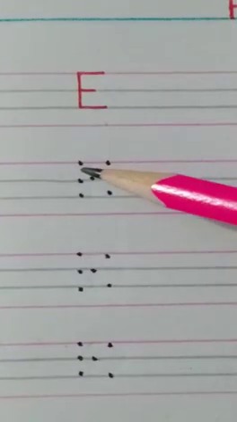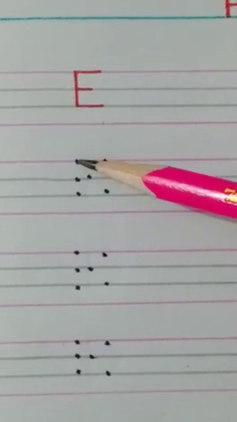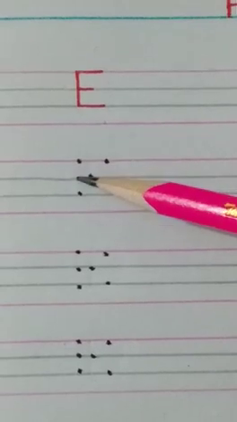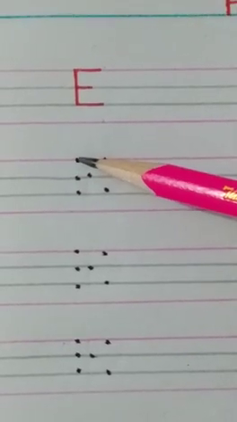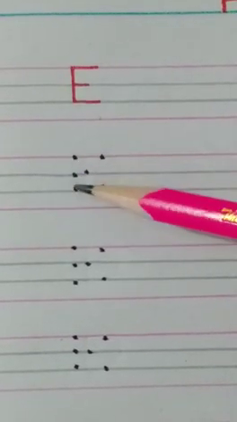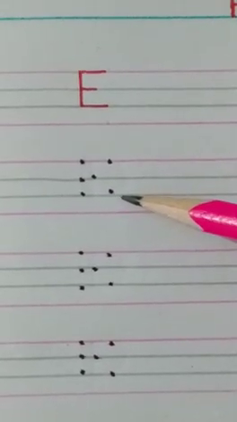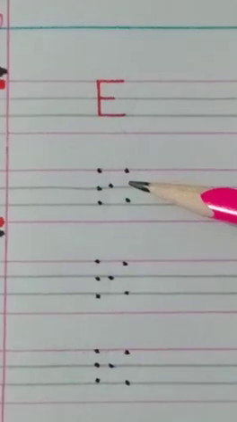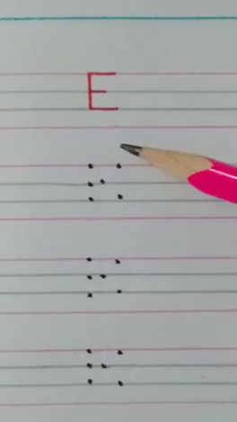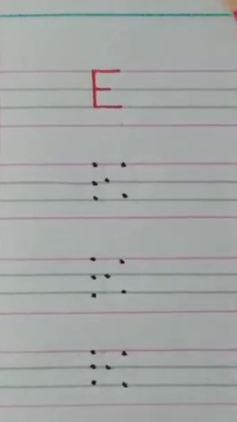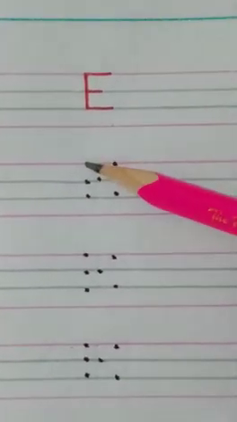And you can see here the dot patterns in which I have used these 3 lines. Let me count the dots 1, 2, 3, 4, 5, 6. So in first row, I will practice this letter on 6 dots.